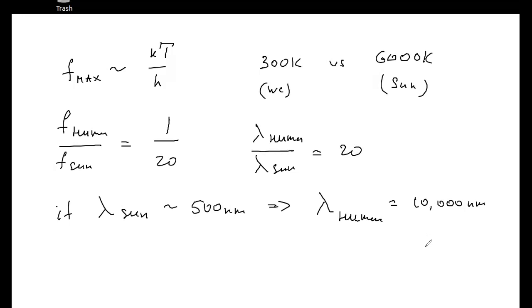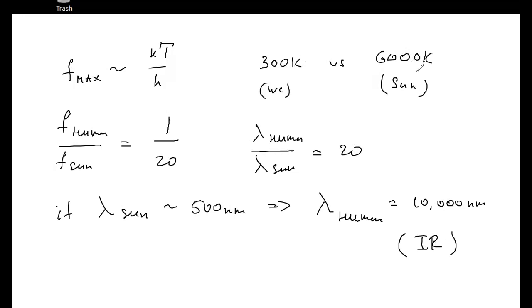This would be infrared radiation. So we have non-zero temperature. We do radiate light, electromagnetic radiation. But the peak frequency is low because our temperature is low, and the typical wavelength corresponds to infrared radiation.